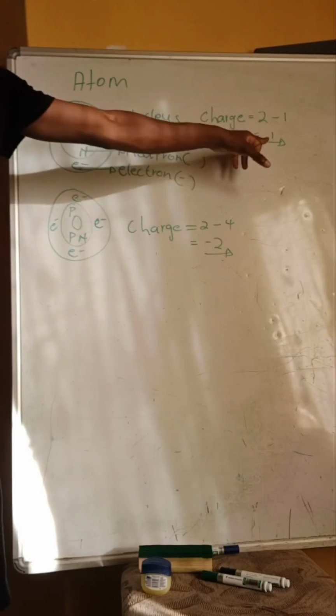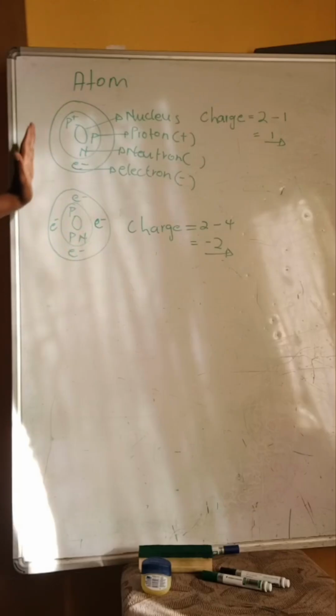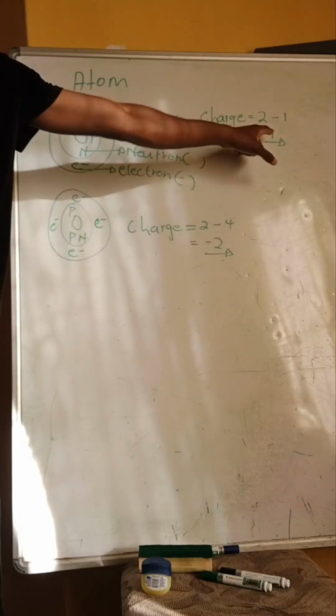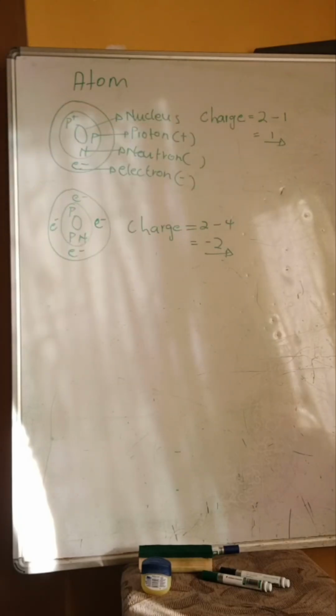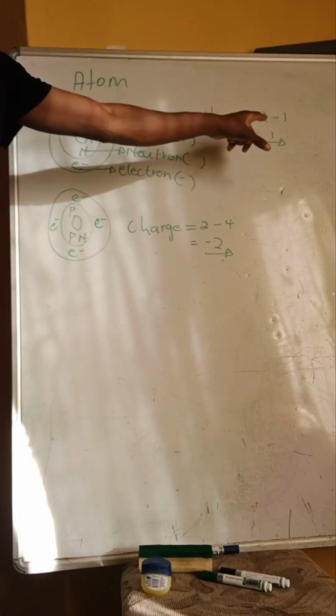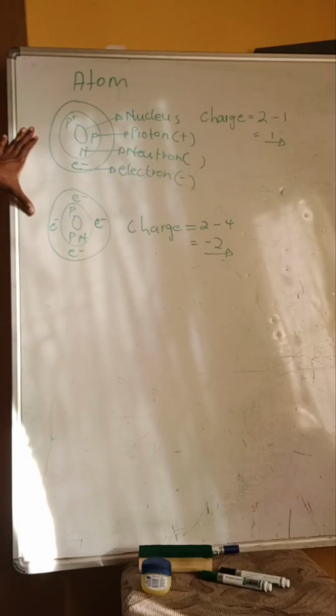Therefore, because of these answers, it shows that there will be a force exerted between these two atoms. And also you can see that even the signs are different. So when the signs are different, we know that these two charges are going to attract each other.